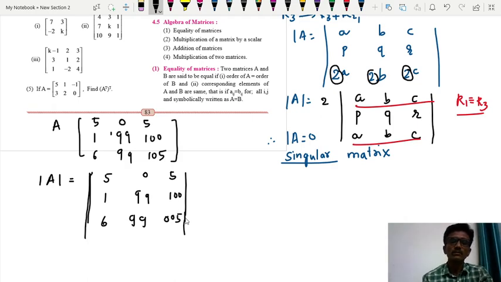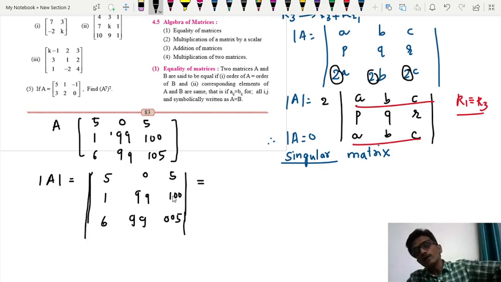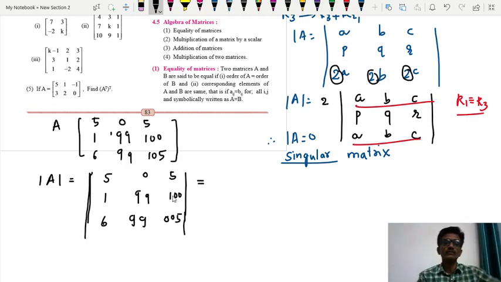If the determinant of this is 0, then it is singular; otherwise it is non-singular if it is not equal to 0. Here you can observe that this last row is 699 and 105.